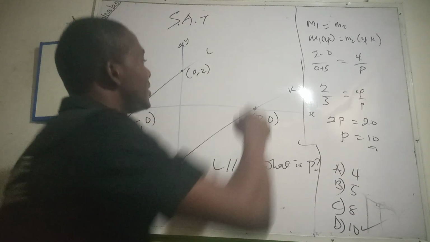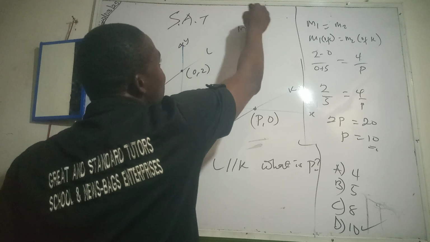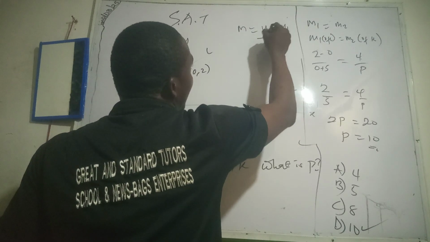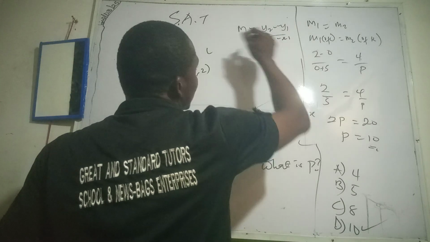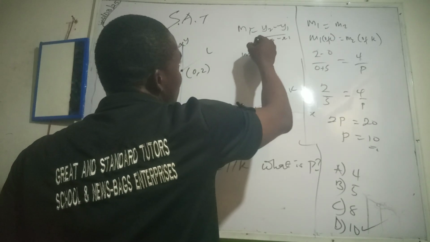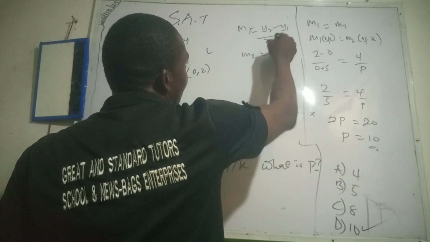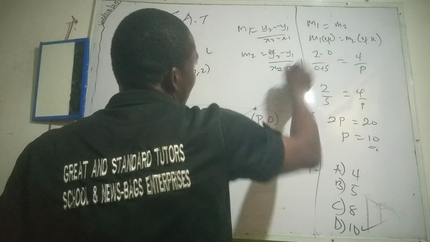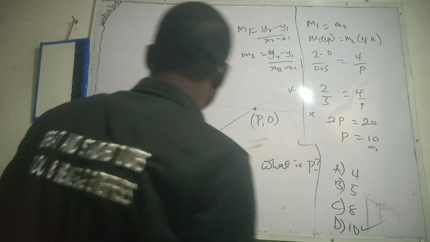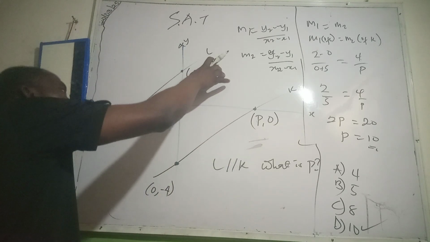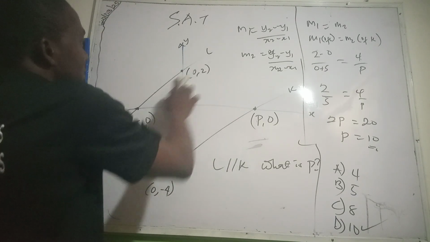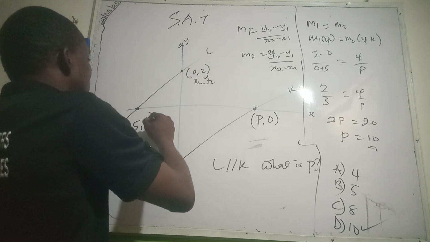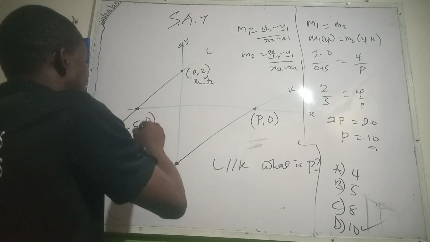What I did is that our gradient is named to be what? Y2 minus Y1 over X2 minus X1. And for the other one, the same thing: Y2 minus Y1 over X2 minus X1. This is my Y2, this is my X2, this is my Y1, this is my X1.